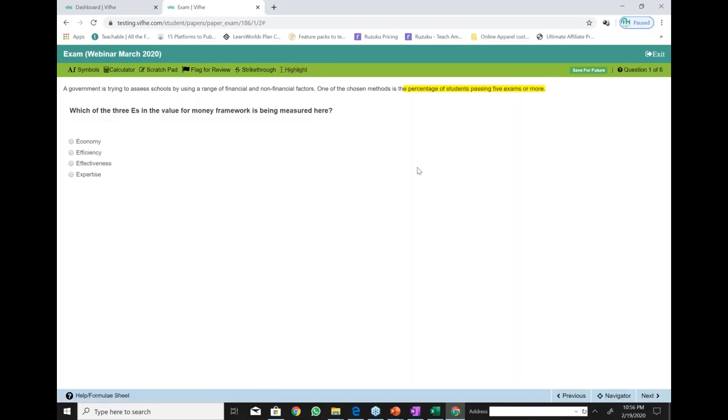Which of the three E's is it? Economy, efficiency, effectiveness. This is effectiveness. The percentage of students passing 5 exams or more is effectiveness. It is showing the final outcome, the objective. Great. Let's move on.